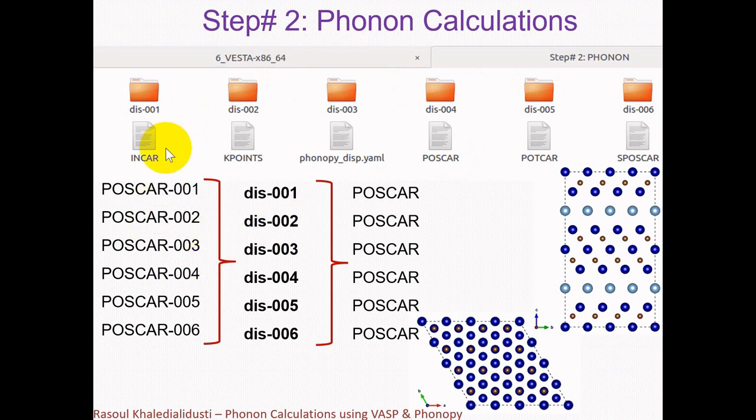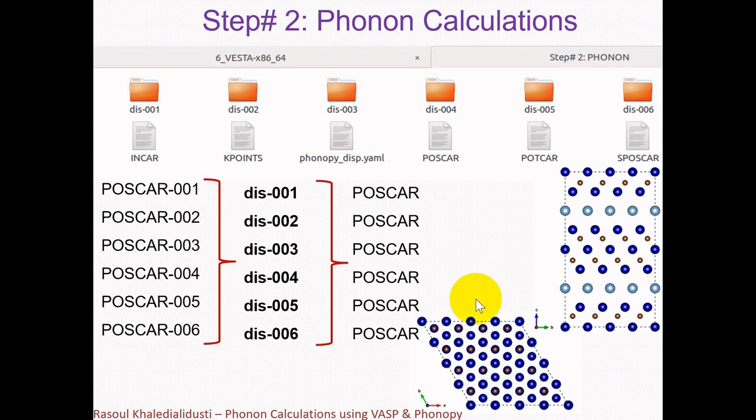POSCAR-001 to this 001, and POSCAR-2 to the second folder, and the last one to the last folder. Then rename these POSCAR files to POSCAR in each of these folders. Now we have one different POSCAR file with one different atomic displacement in each of these folders.